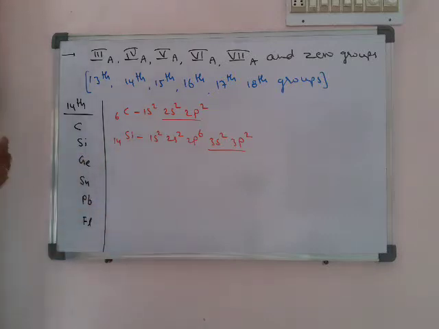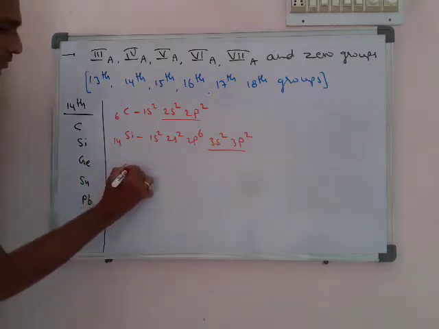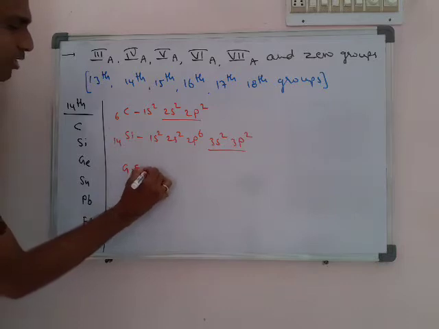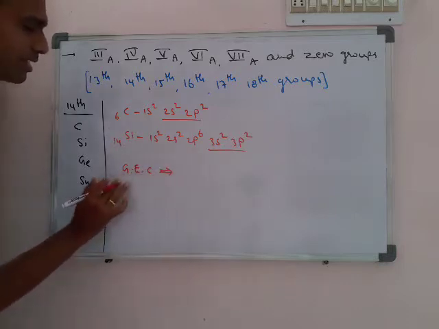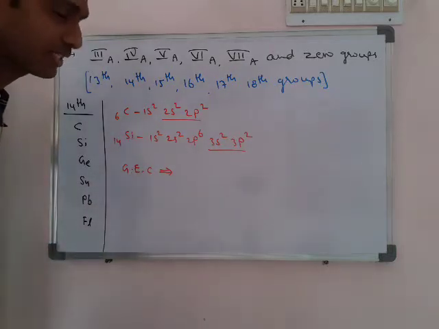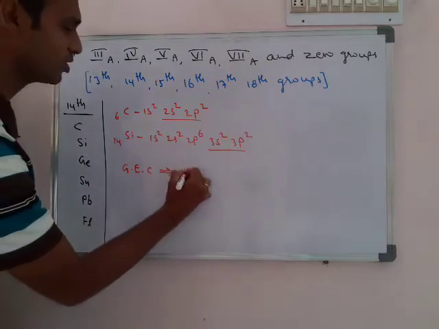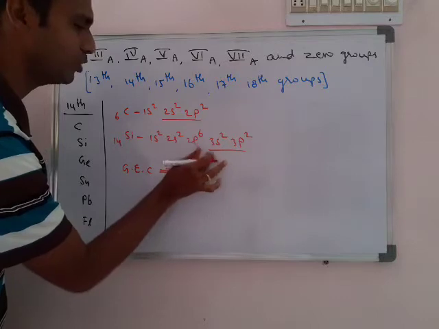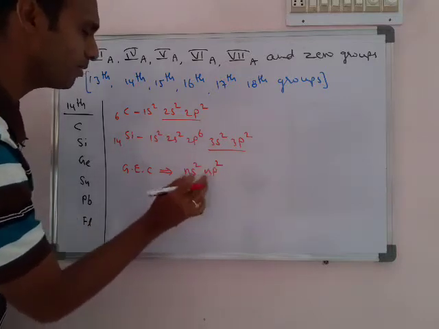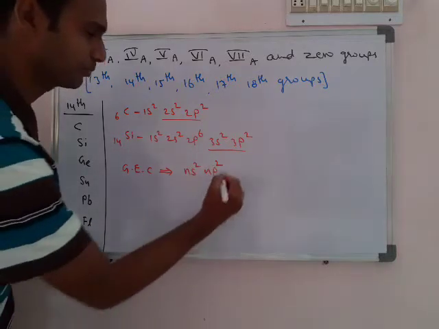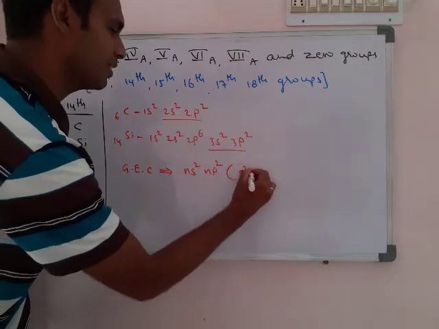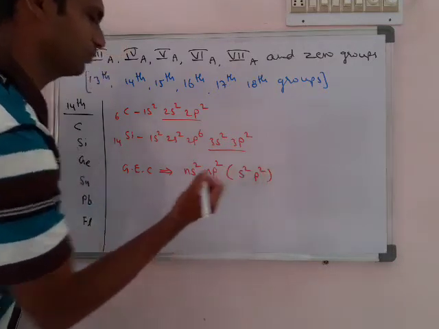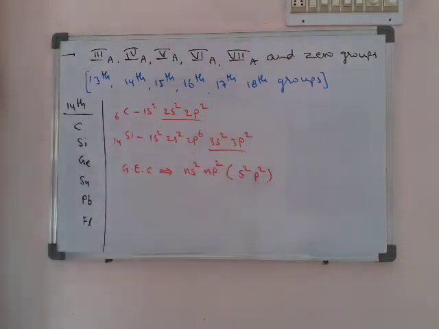So what is the general electronic configuration? General electronic configuration means here we are discussing the valency configuration. So what is the general valency configuration? That is ns2 np2 for the 14th group. Just remember, 14th group has 4 electrons, 2 plus 2, or it can be written as s2p2. Okay, so if you see their atomic numbers, you must remember atomic numbers.